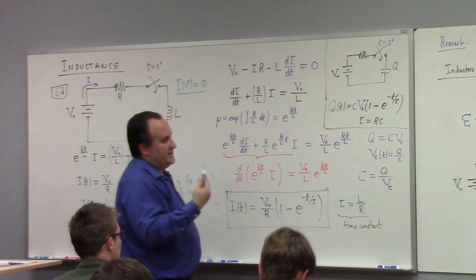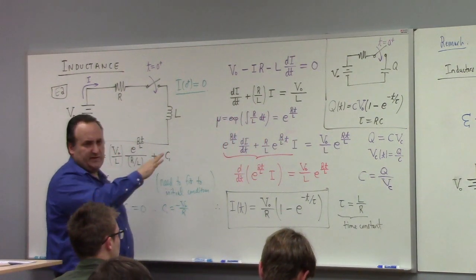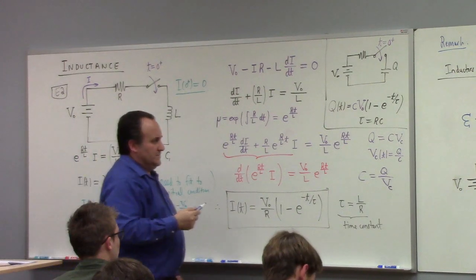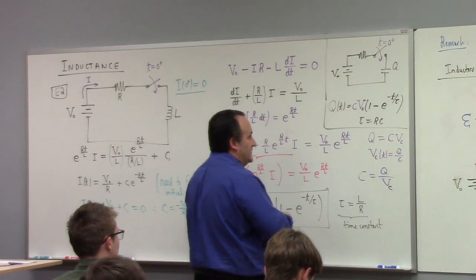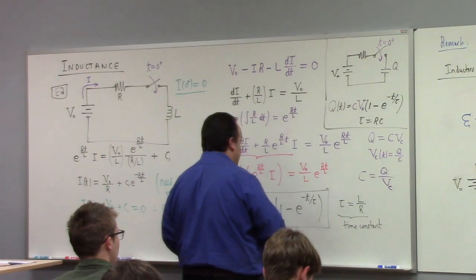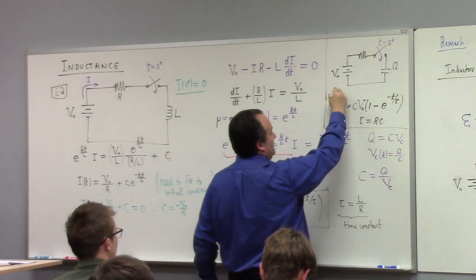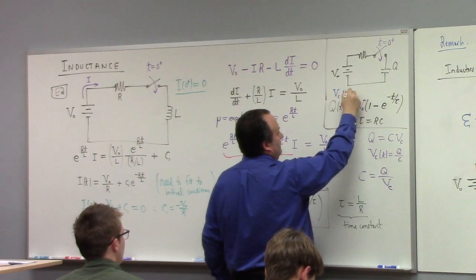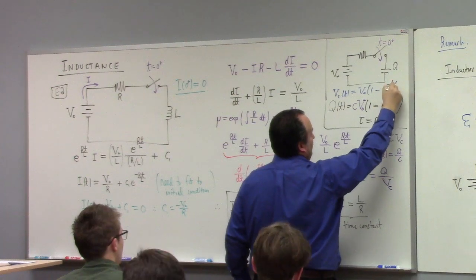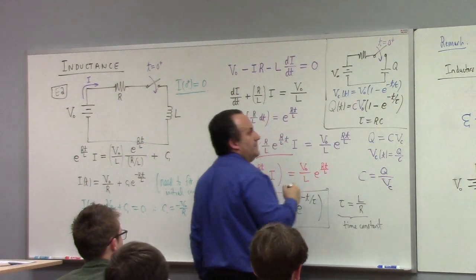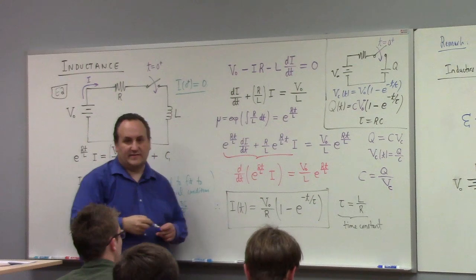Yeah, my apologies. We fixed it. So notice that a close cousin to this formula, divide by C, and you've got the voltage on the capacitor. So the voltage on the capacitor as a function of time is V naught times 1 minus e to the minus t over tau, just dividing by C.